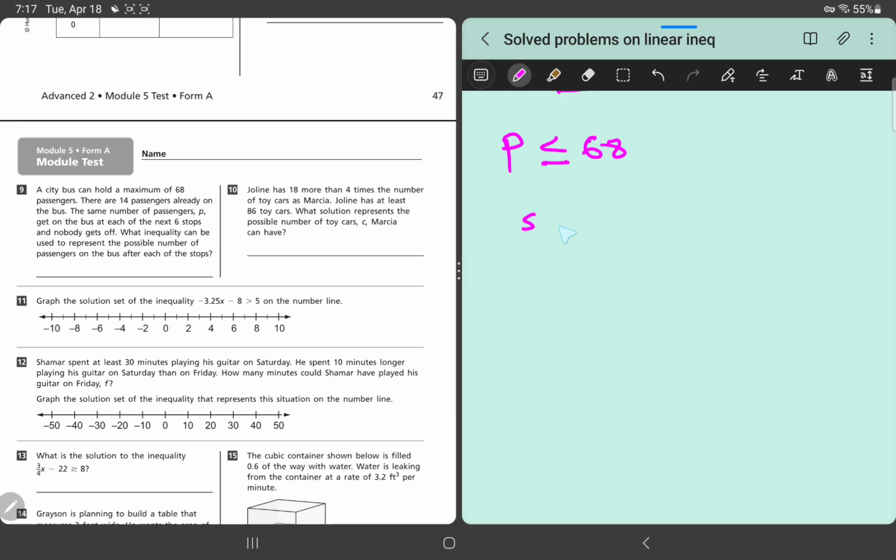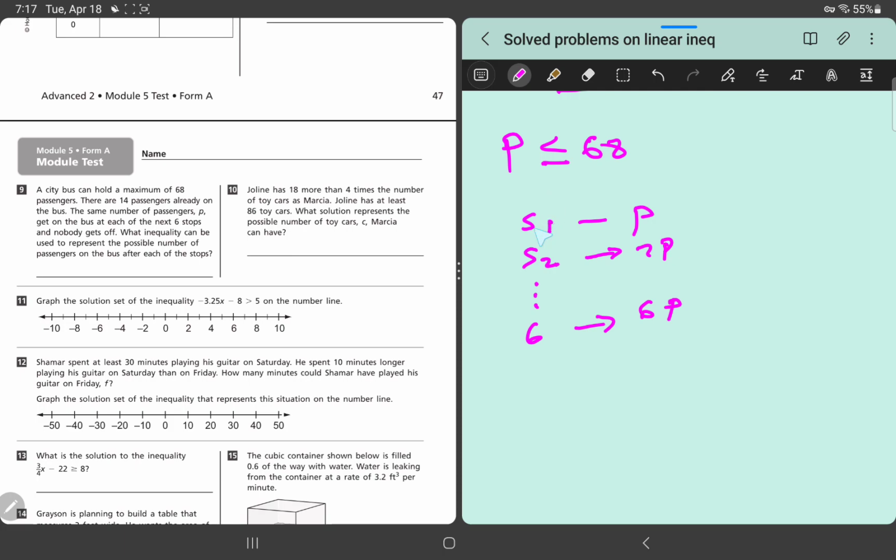At stop 1, it's going to have P passengers. At the second stop, it's going to have 2 times P. So up to the 6th, it's going to have 6 times the number of passengers at each stop. So the total number is this one.